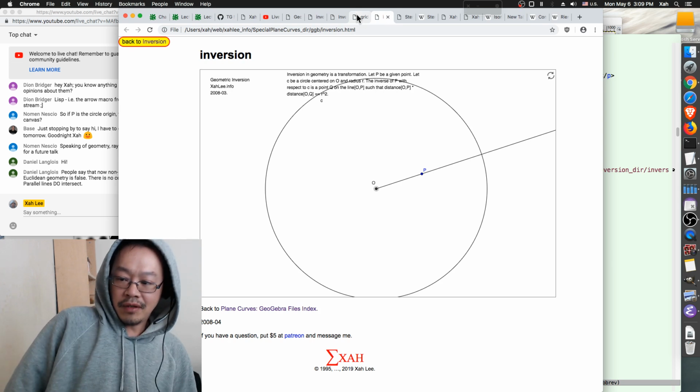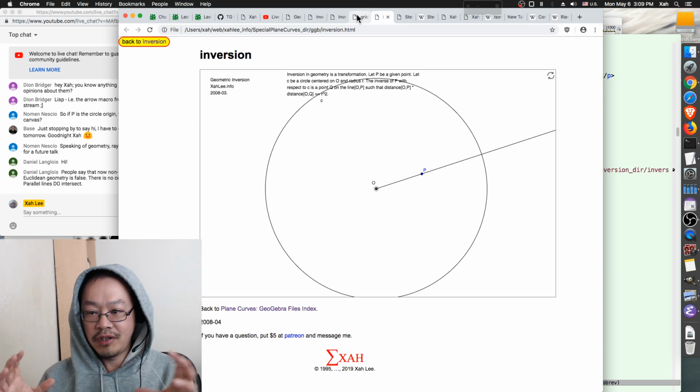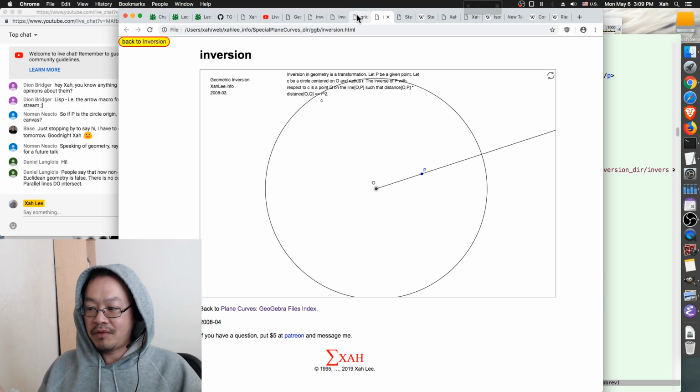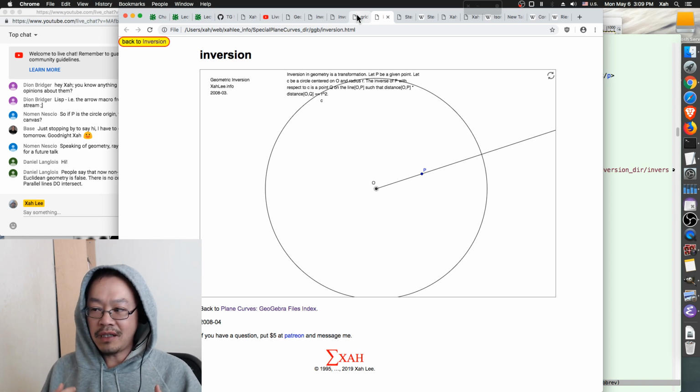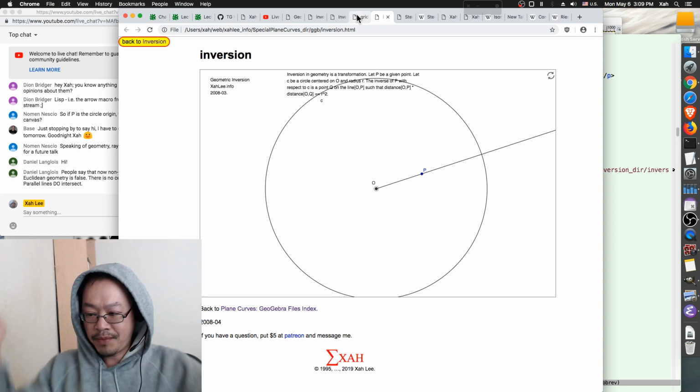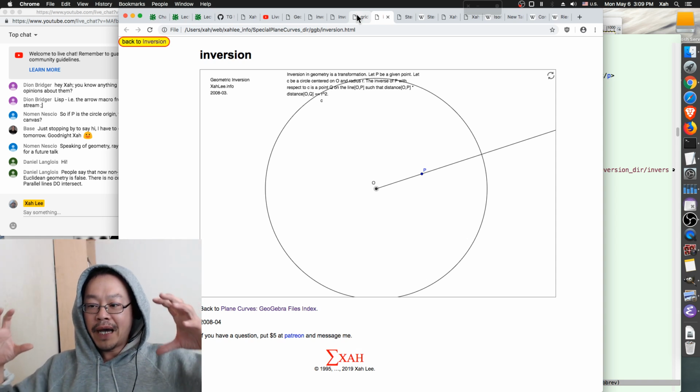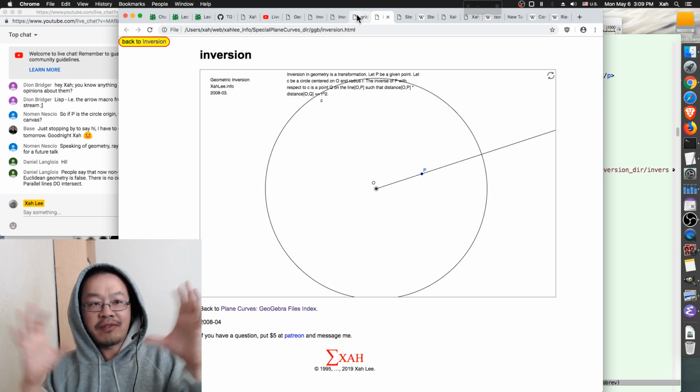Now we have talked about two-dimensional inversion, where we do geometric inversion on a plane. In a similar way, we can do inversion in three-dimensional space. So first of all, what are we doing?